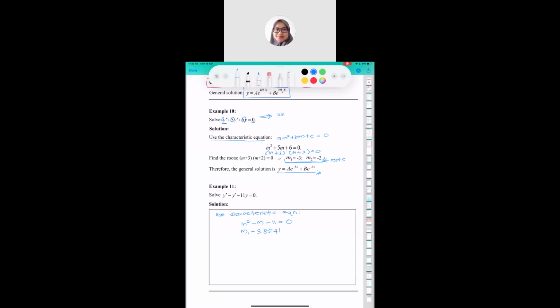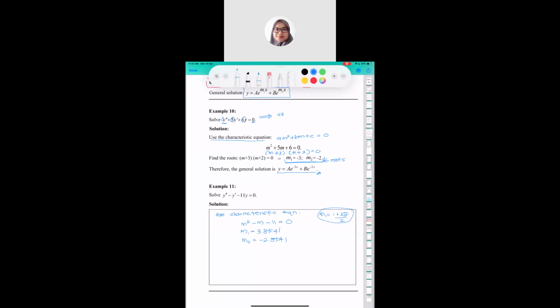Atau kalau calculator you bagi m1 equal to (1 plus 3 square root 5) over 2, ni pun acceptable. Terpulang pada you nak tulis bentuk macam mana. And then m2 equal to negative 2.8541. So your roots are real number. Walaupun dia perpuluhan, dia still real number. And distinct, berbeza.